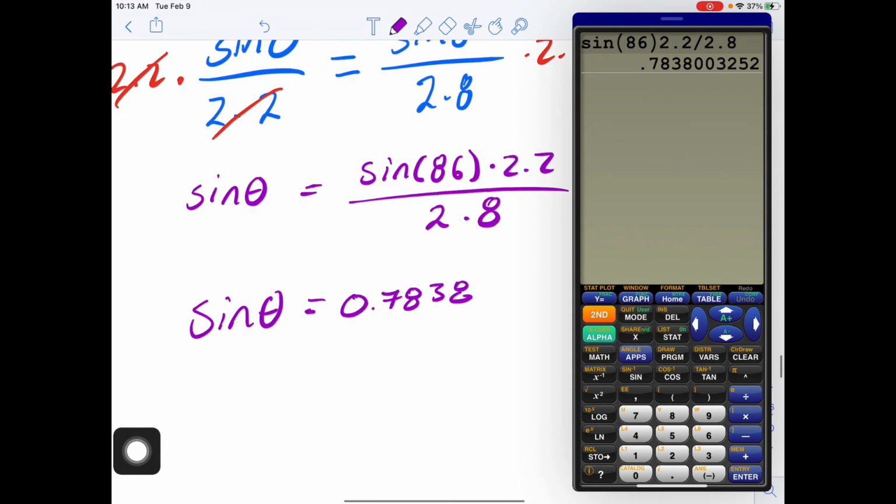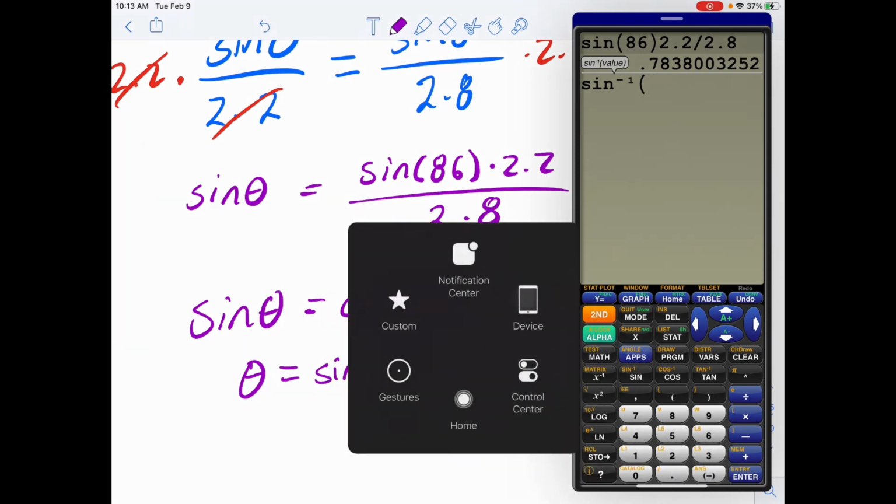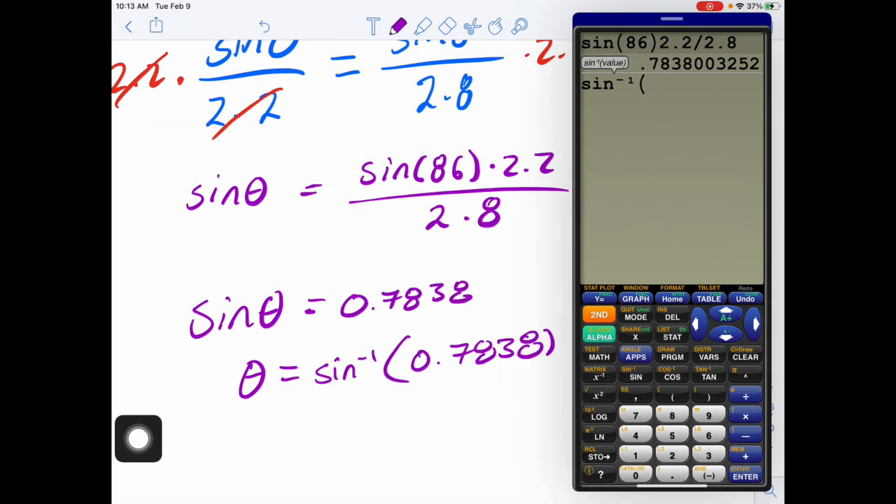In order to find the angle, we are going to have to take the inverse of sine of 0.7838. And recall, we don't want to use a rounded value, so I'm going to use this whole value. So I'm going to press second sine, and then second and find my ANS, because remember, ANS represents the answer that was just solved for.